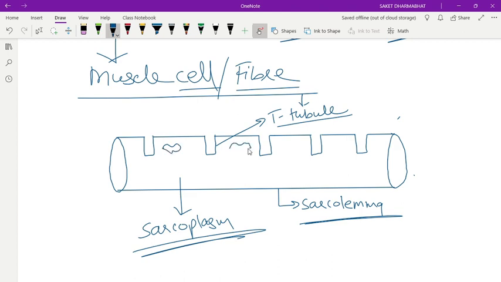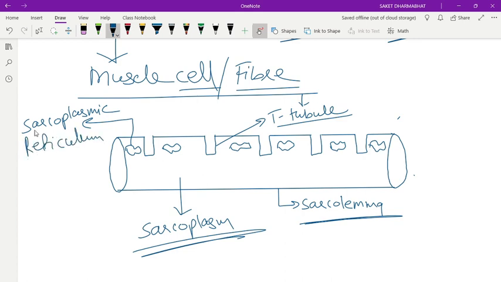And between the T-tubules you will get these structures. These structures are called the endoplasmic reticulum of the muscle fiber, called the sarcoplasmic reticulum.